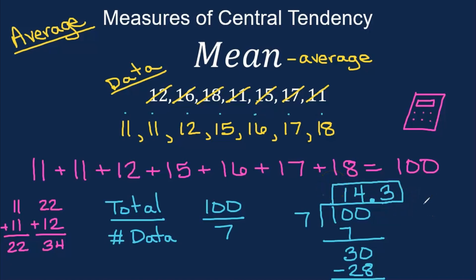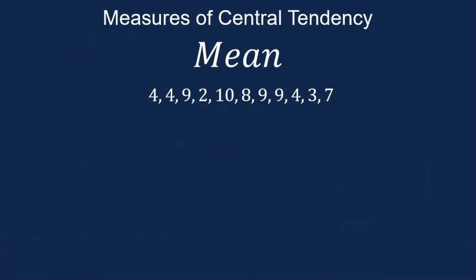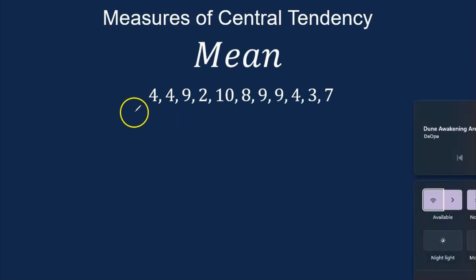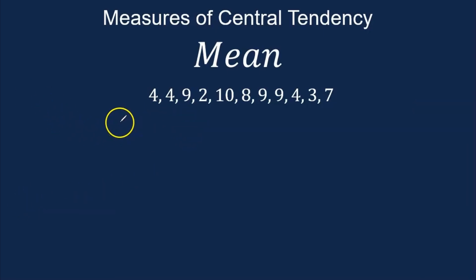Let's go ahead and do one more example. Here we go. And so now, like I always recommend, although it's not strictly necessary for this, we're going to put these in order. And so this is 4, 4, and 4.